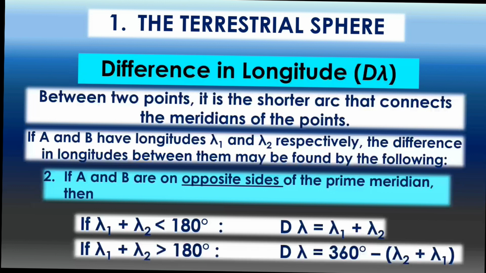If it is greater than 180 degrees, you need to deduct the sum from 360 degrees, and that will be the difference in longitude.